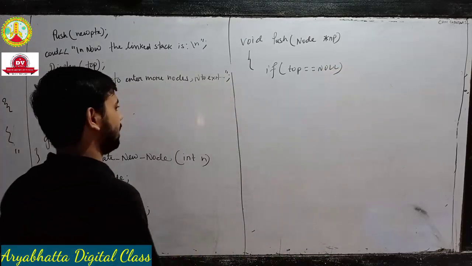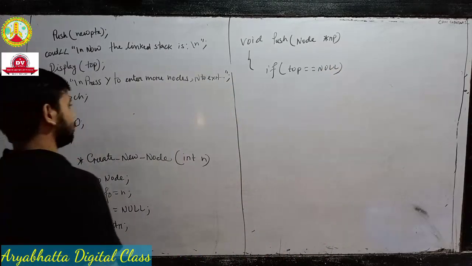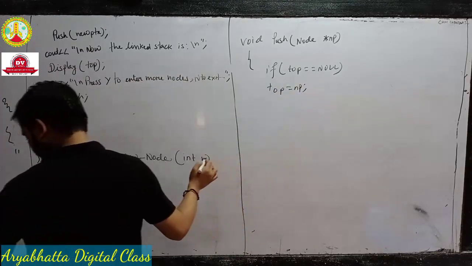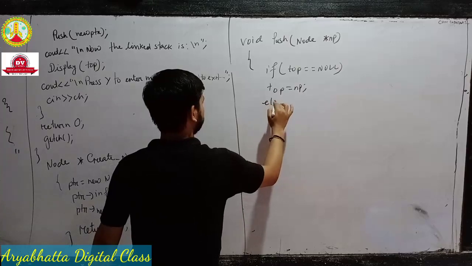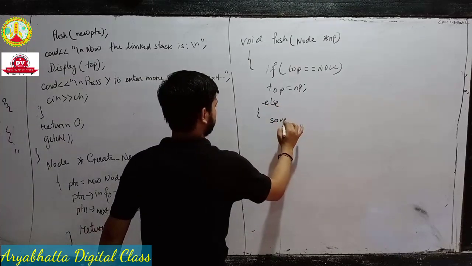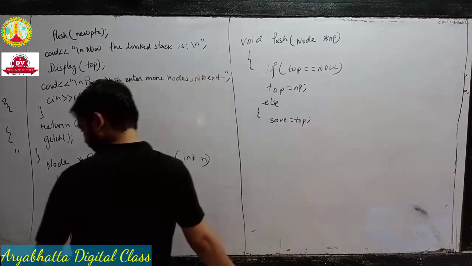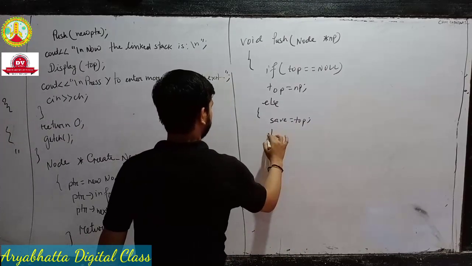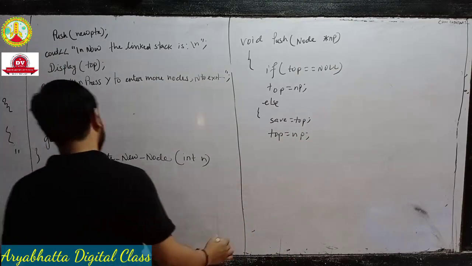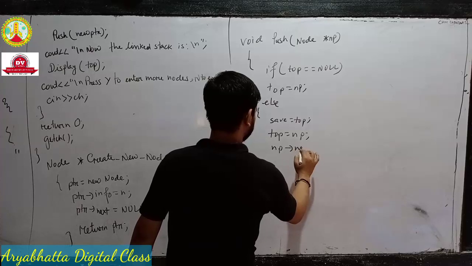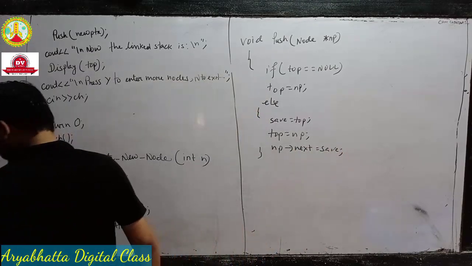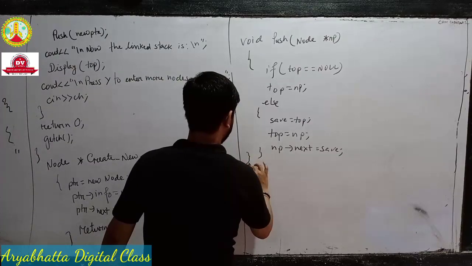If top is equal to null, means your list is empty, top is equal to what? np, means new ptr. Okay, otherwise save is equal to top, means the initial beginning top. Top is equal to np, and np next will be save, and the last one will be for void display.